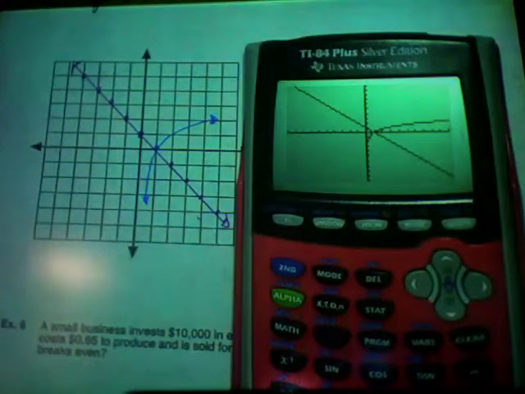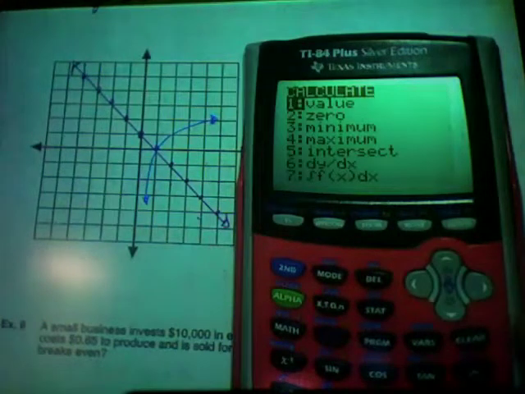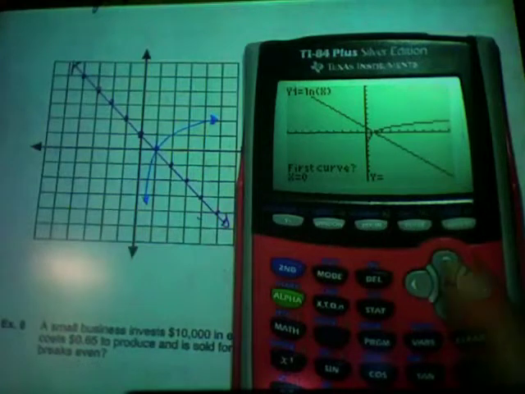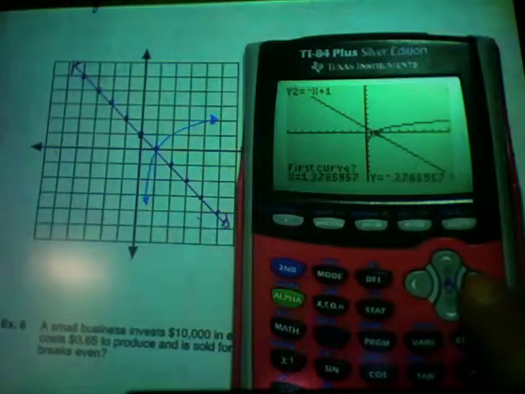So how can I tell where they intersect? Calc, right? Intersect, option 5. And so it's flashing. Do I see a flashing light? First curve. Where's my flasher? Oh, there it is. I can hardly see it. So there it's flashing.